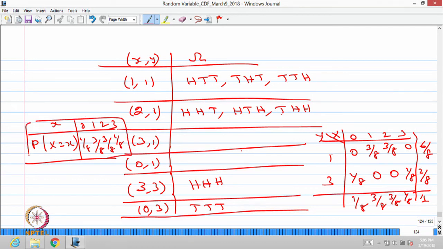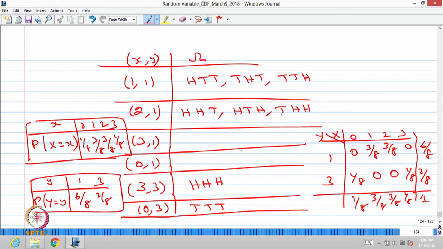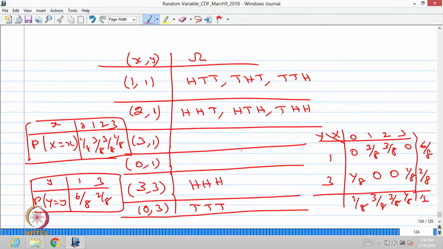So this is going to be the probability mass function of x. Similarly, one can make a probability mass function of y. Different values of y are 1 and 3. So for 1 it is 6 by 8, for 3 it is 2 by 8. So this is the marginal distribution of y. So from this table, one can get the joint probability mass function of x comma y.